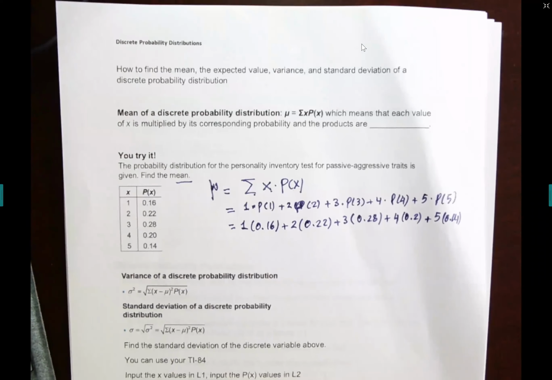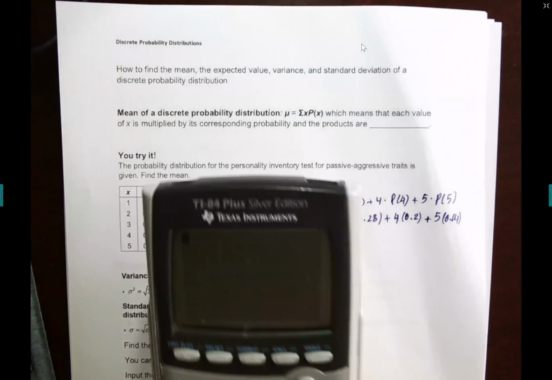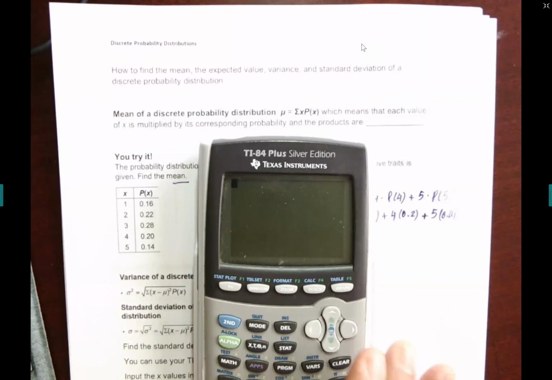Now, let me show you how this could have been done on the calculator, and then we'll get the answer from the calculator. Watch. You need to enter the data into L1, the X values, and the P(X) values in L2, the probability values. So we'll go to Stat, Edit.